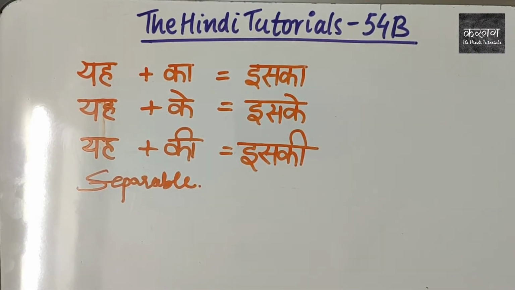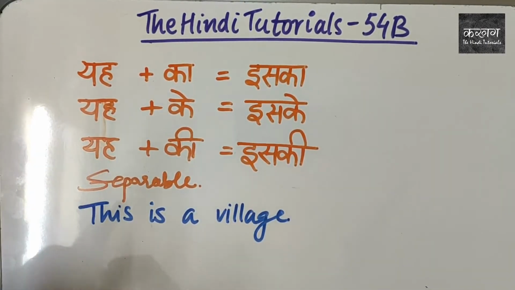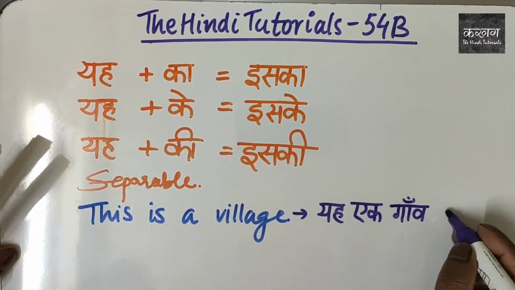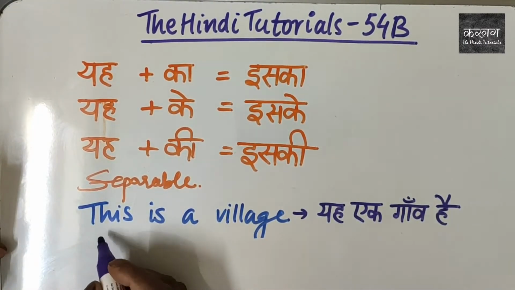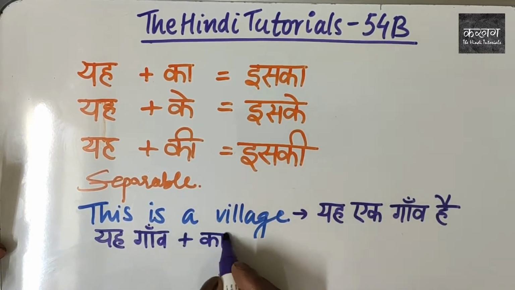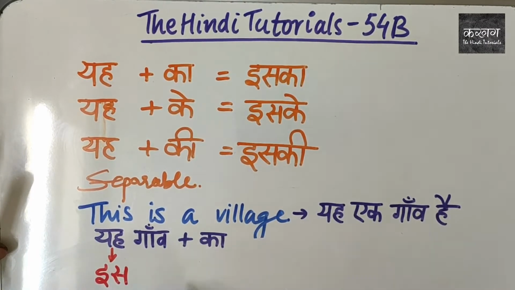For example, I want to say this is a village. How would it be in Hindi? ये एक गांव है. ठीक है. But if I add ka after ye gaon, it will become is gaon ka.